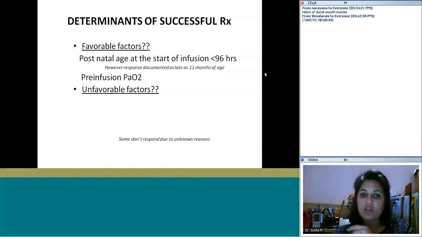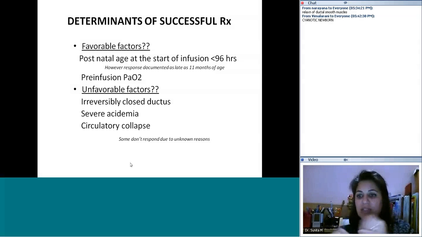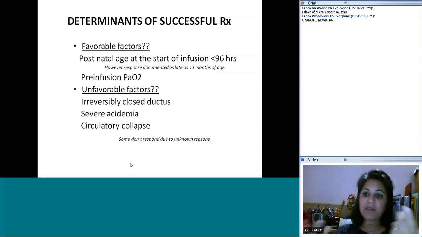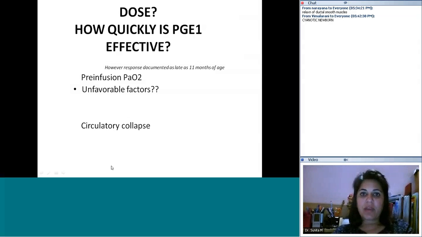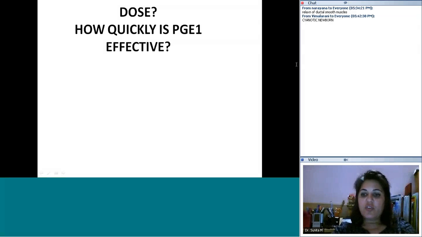So younger age, and if the pre-infusion PaO2 was not bad. Now, the unfavorable ones are if your patient is already in extremis. He's got circulatory collapse or severe acidemia, or for some reason it's an irreversibly closed ductus, then those are unfavorable factors.